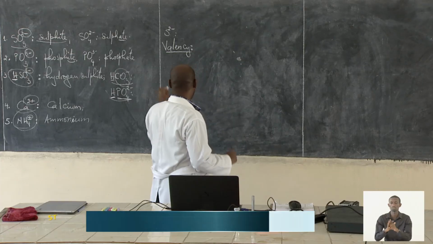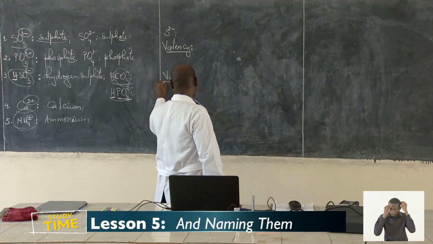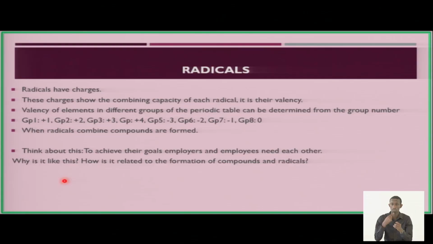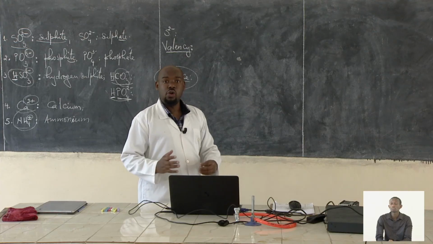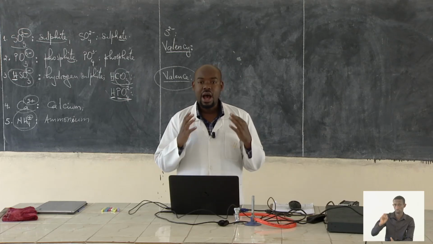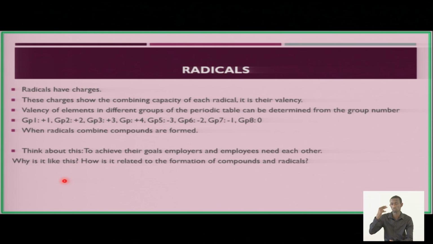And here let me say that it shouldn't be confused with valence. When we say valence, this second one, we mean the number of electrons on the outermost shell, on the last shell.